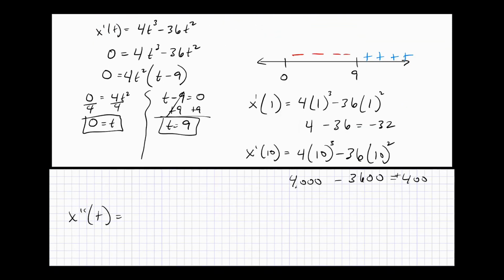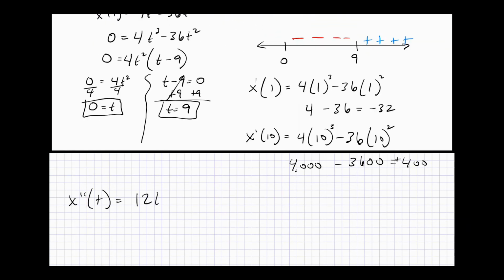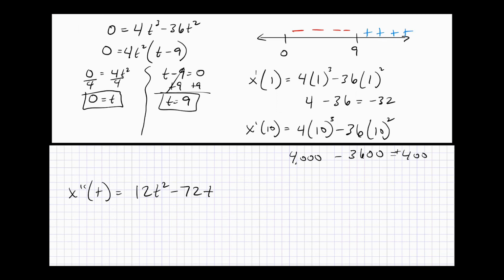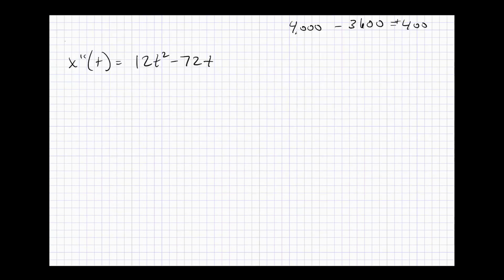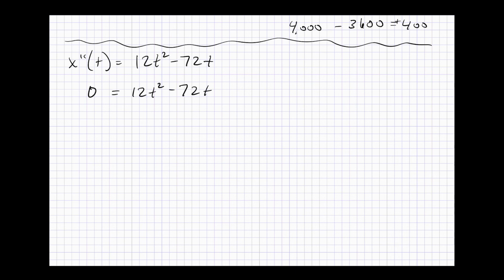Okay, so the second derivative is going to be 12t squared minus 72t. Okay, set that equal to 0. Do the same thing. I'm going to factor out 12. Does 12 go into 72?